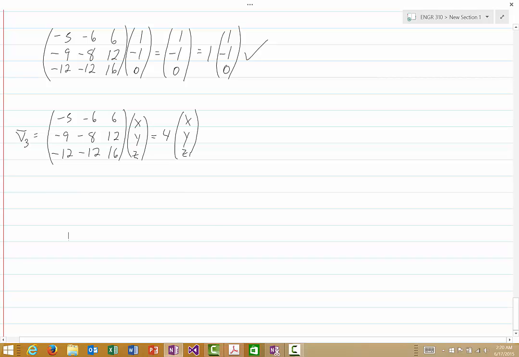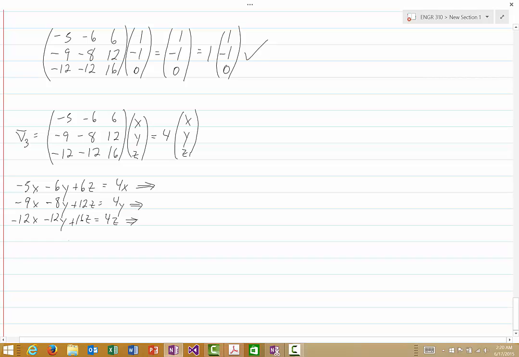So we'll get minus 5x minus 6y plus 6z equals 4x, minus 9x minus 8y plus 12z equals 4y, and minus 12x minus 12y plus 16z equals 4z.